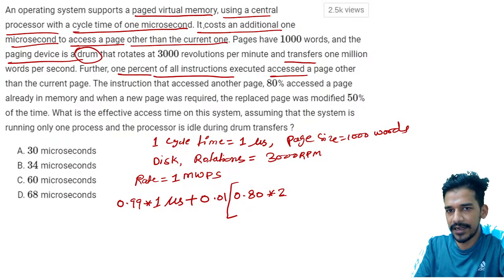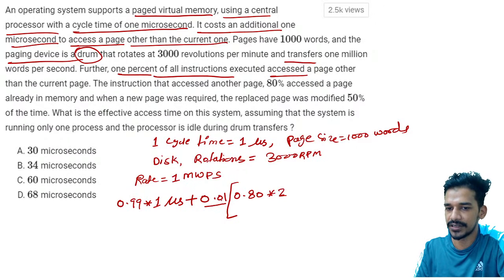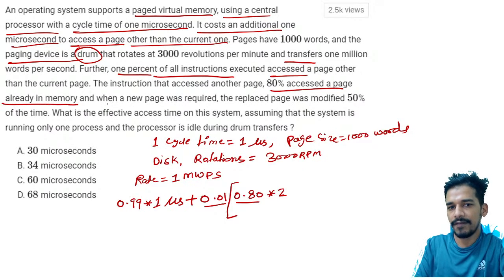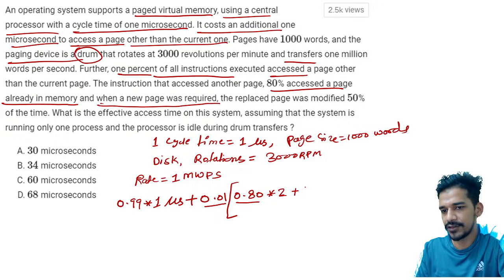Because it costs an additional 1 microsecond to access a page other than the current page. So 80% of these will require 2 microseconds. 80% access a page already in memory, so 20% are not in memory.